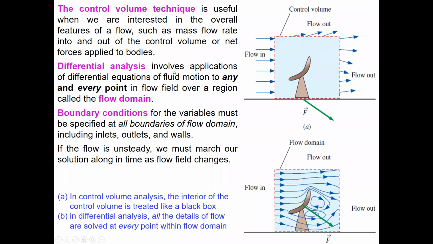Differential analysis involves applying the differential equations of fluid motion to any and every point in the flow field over a region, and this is called the flow domain. This entire thing is called the flow domain. Here I have shown, for the entire thing, how much is coming in, how much is going out, what the net should be.